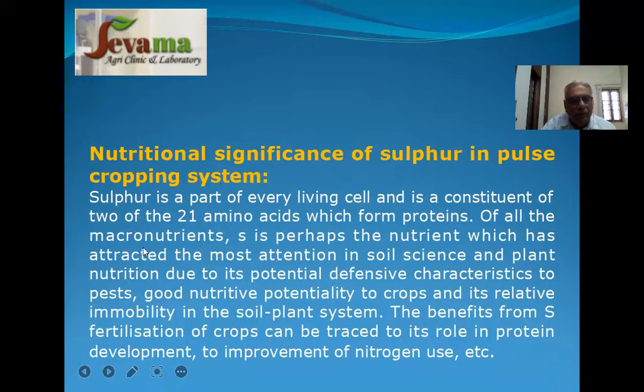Of all the macronutrients, sulfur is perhaps the nutrient which has attracted the most attention in soil science and plant nutrition due to its potential deficiencies, its good nutritive potential to crops, and its relative immobility in the soil plant system. The benefit from sulfur fertilization of crops can be traced to its role in protein development, improvement of nitrogen use, etc.